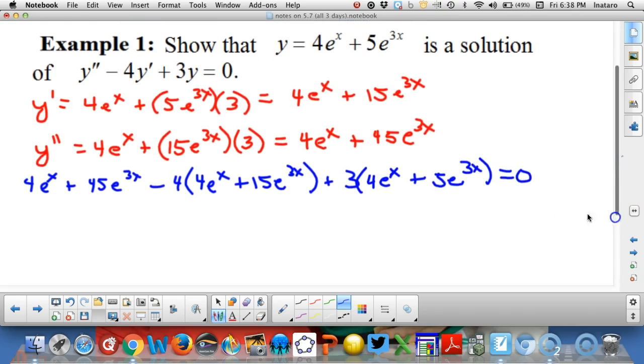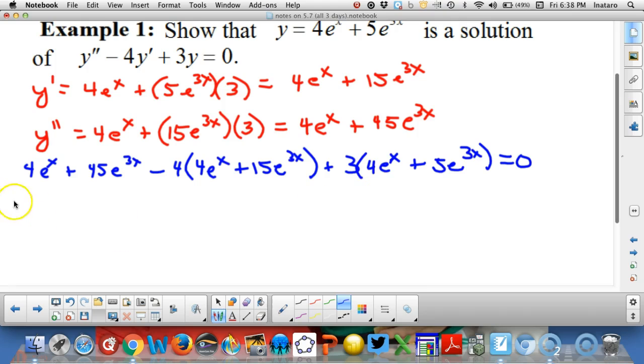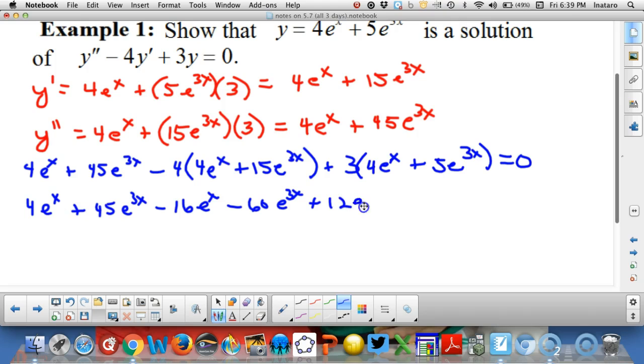So now I need to distribute and combine like terms, and hopefully we have a whole bunch of terms adding to 0 since this is supposed to equal 0. So distributing the negative 4, I have negative 16 e to the x, then minus 60 e to the 3x, plus 12 e to the x, plus, distributing the 3, 15 e to the 3x.